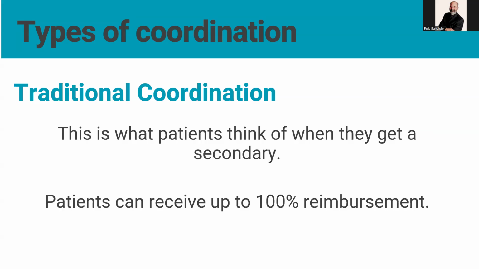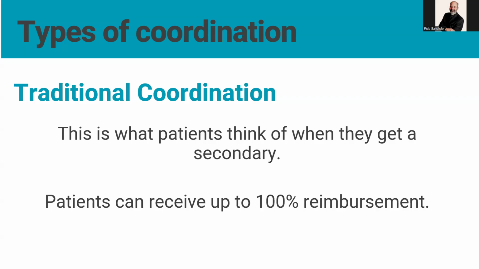First type, traditional coordination. This is what we think of when we're dealing with secondaries. This is the way it was, 15, 20 years ago. This is the way most plans coordinated. So if a patient had 50% coverage for a crown and they had primary, secondary insurance, the primary would pay 50%, the secondary would pay 50%, and the patient got off scot-free the majority of the time, especially if you were in network.